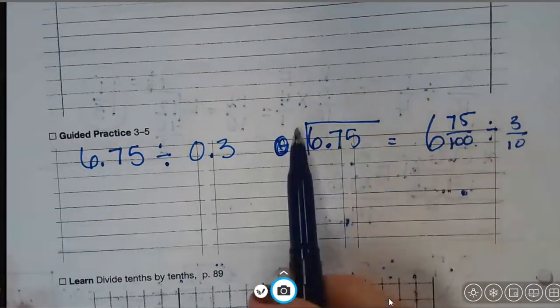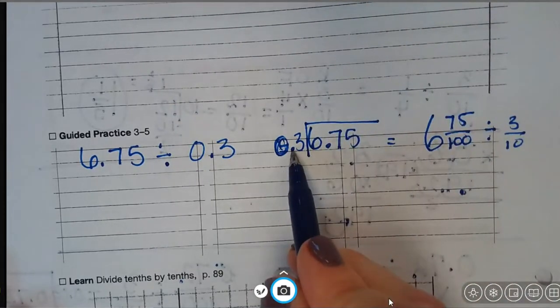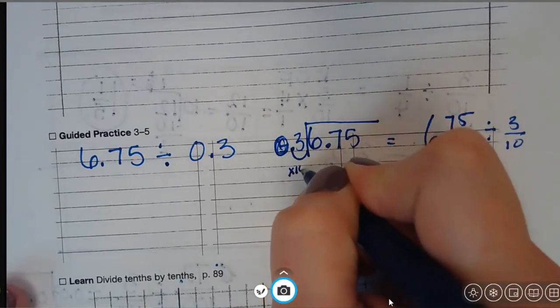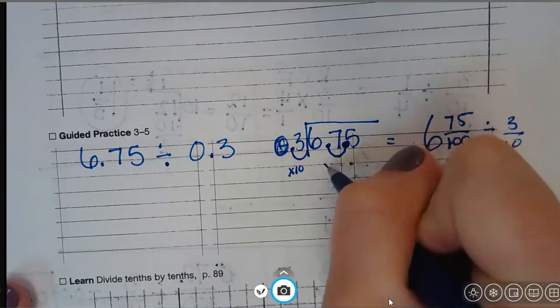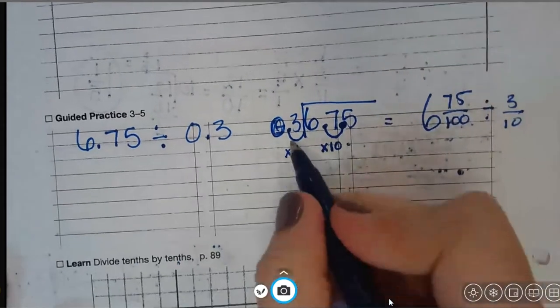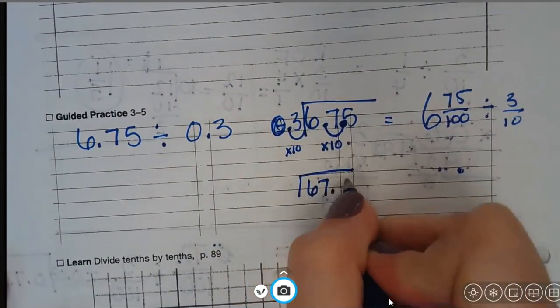Okay, remember here I said that the goal is to just get the decimal point out of the divisor. So really here I only need to multiply it by 10, which means I only need to move the decimal point to there to actually solve this problem. Okay, so I would rewrite this as 67.5.